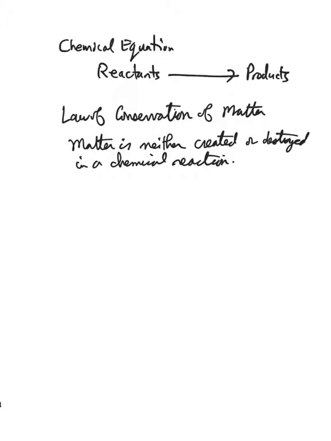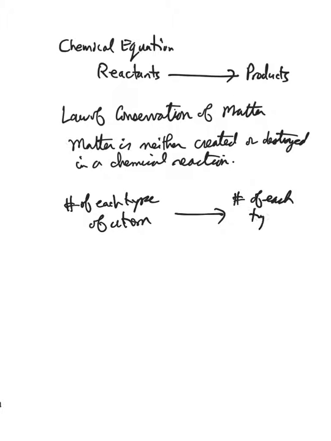How that is specifically going to play out for us is that the number of each type of atom on the reactant side has to equal the number of each type of atom on the product side.